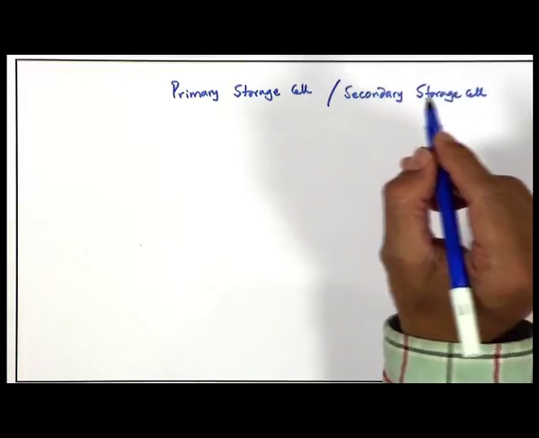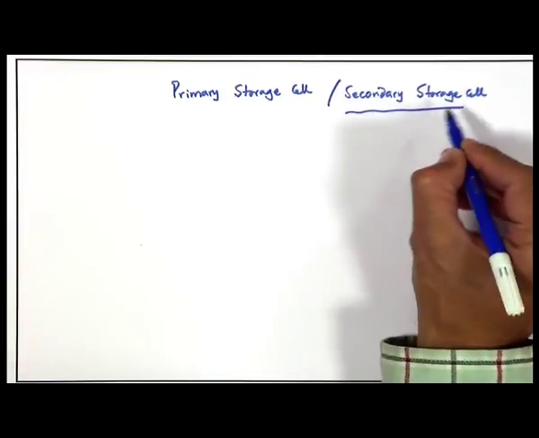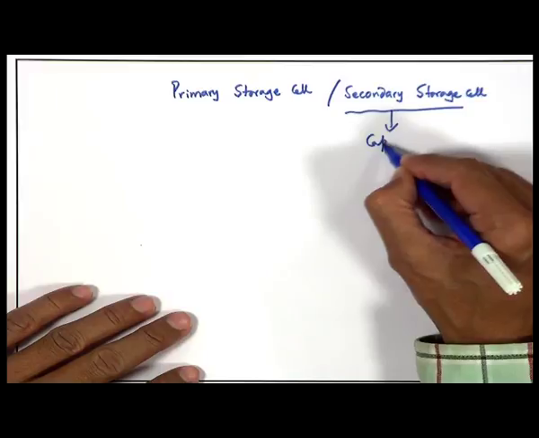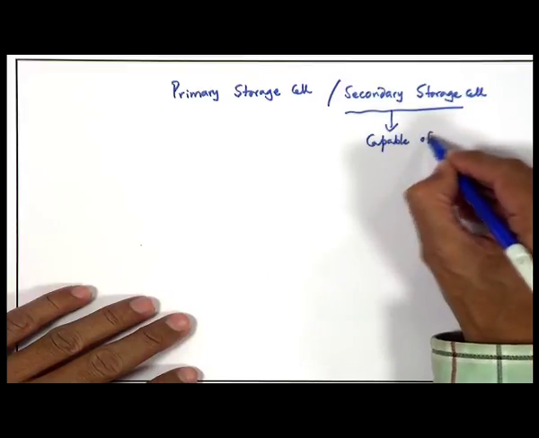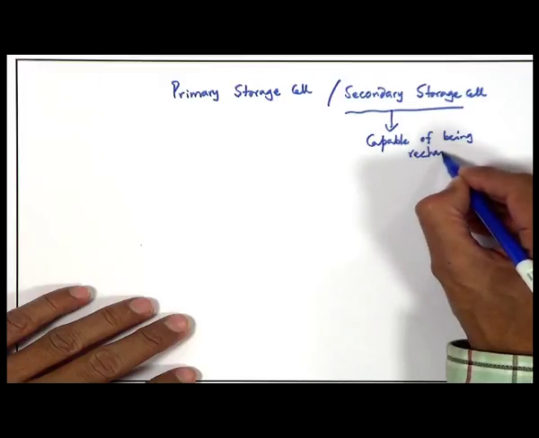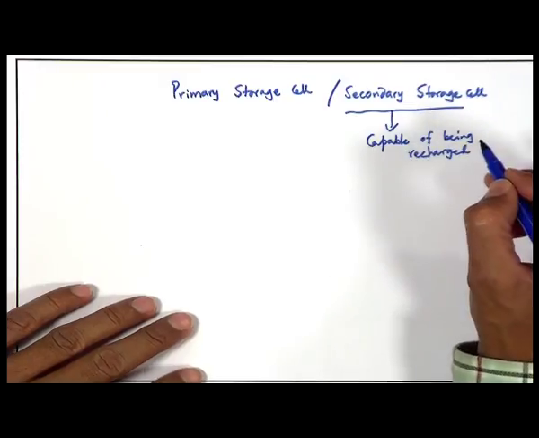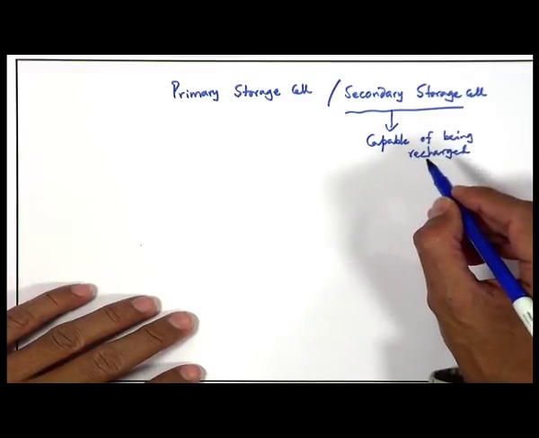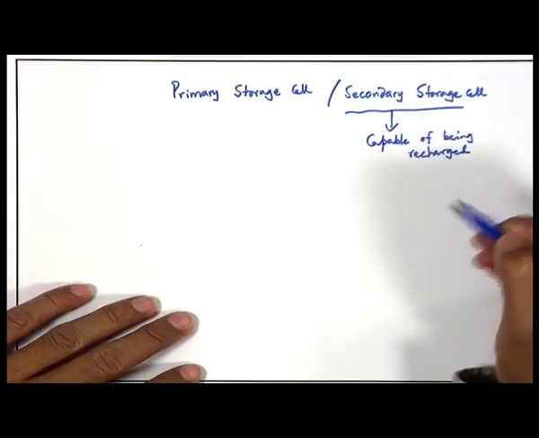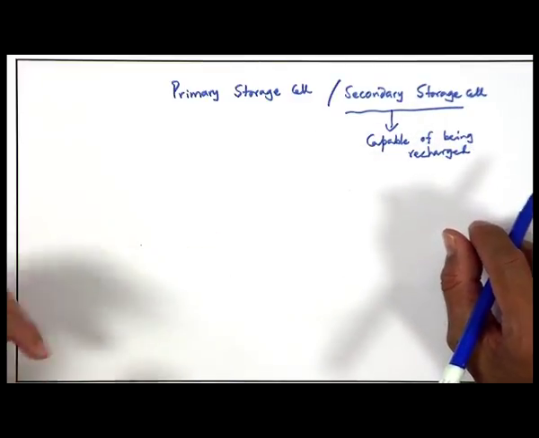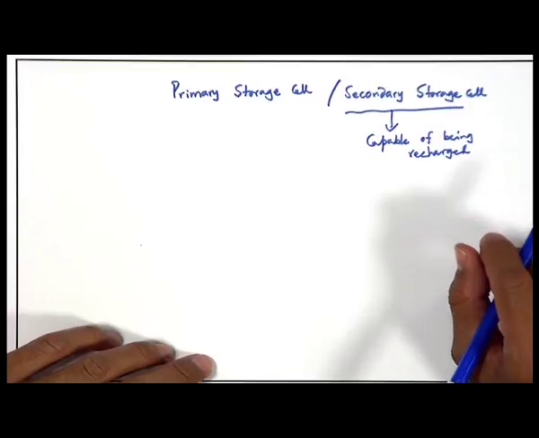Okay. So, the thing is that this one is capable of being recharged, and the electrode reaction can proceed in either direction, whether it is electrolysis or normal electricity production.